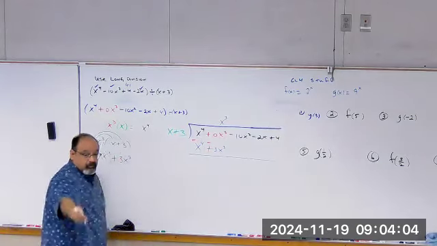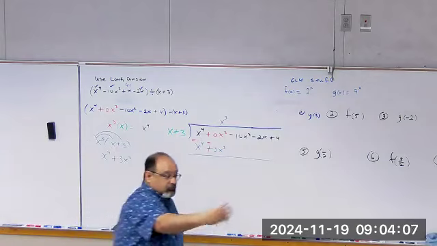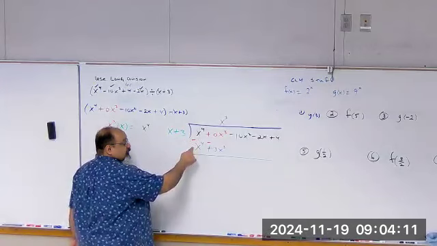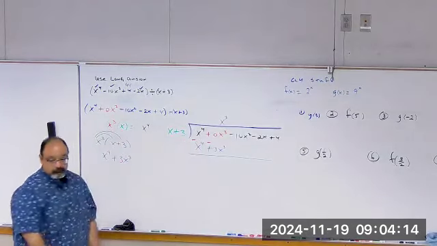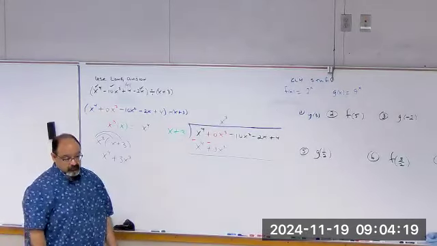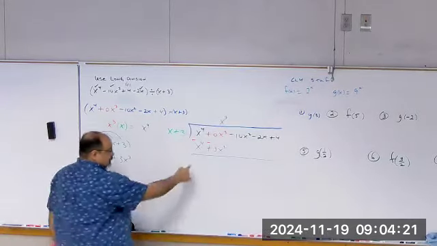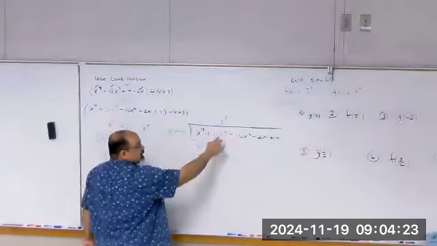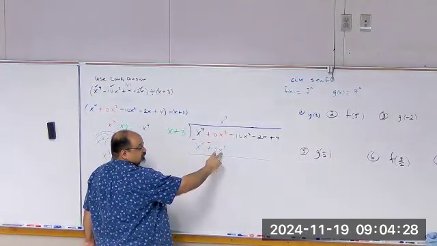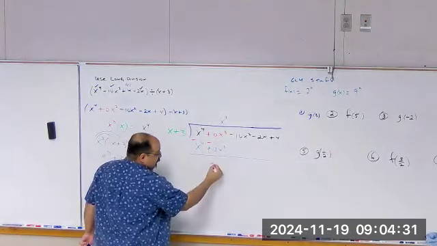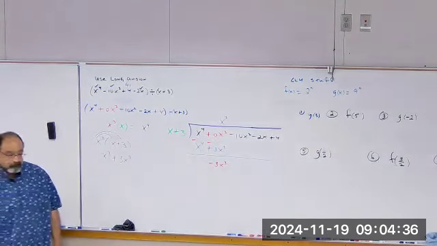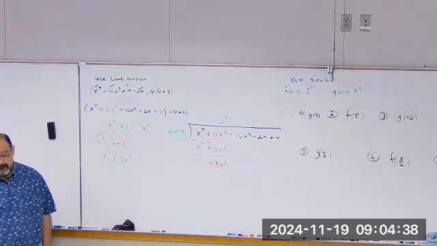This better cancel first two rows. X to the fourth minus x to the fourth, better cancel out. It better be 0. That's why we chose x to the third. It does. Then over here, 0 x to the third minus 3 x to the third. 0 minus 3 is negative 3 x to the third. 0 minus 3, negative 3.